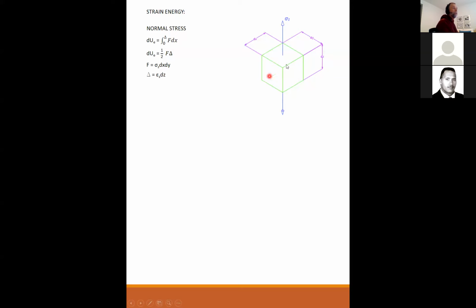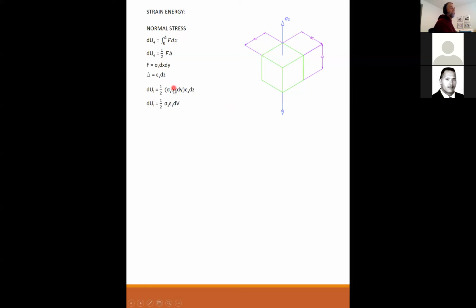Delta, the deformation in the z direction, is going to be equal to the strain times dz. Again, back to our chapter 3 definition of strain. The strain is inches per inch times the original length, dz, which gives you the deformation. I can substitute these back into my equation, and the internal energy is equal to 1/2 times the stress times dx, dy, epsilon z, dz.